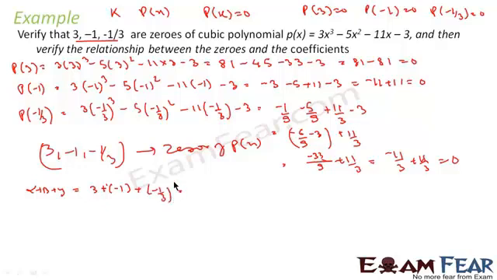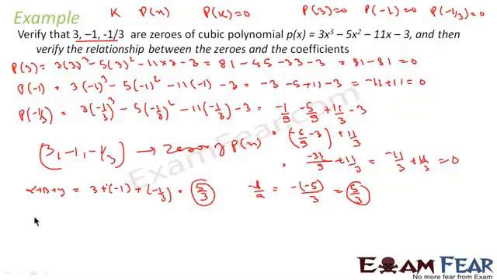Correct? This comes out to be 3 minus 1, 2, and minus 3, this becomes 5 by 3. Correct? And alpha plus beta plus gamma should be minus b by a, which is nothing but minus of minus 5 by 3, that is 5 by 3. So if you see, both are same.